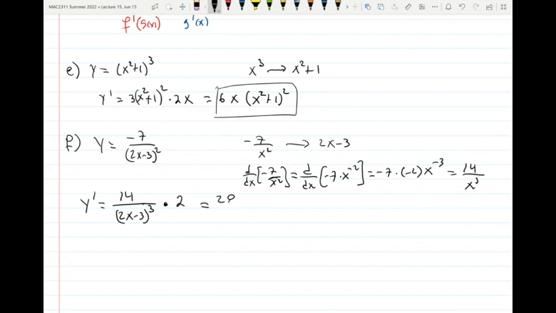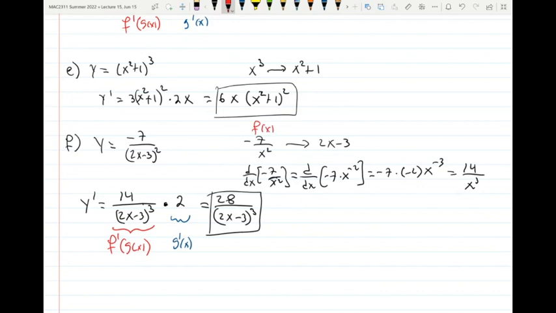So we get 28 over 2x minus 3 cubed. Once again, this piece is the f prime of g of x, and this one is the g prime, where this is our f and this is our g.